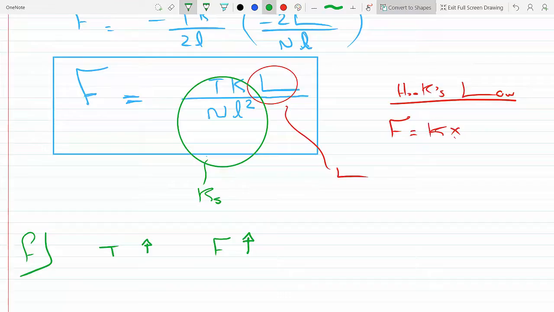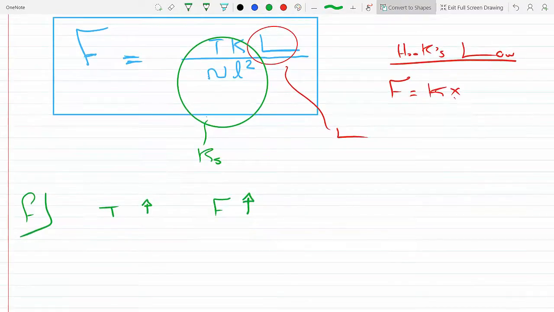Notice that T and L are in the numerator here, so if one goes up, the other goes down, so they're inversely proportional. The length of the rubber band is inversely proportional to the temperature, and so the rubber band contracts when the temperature increases. So this makes perfect sense, right?